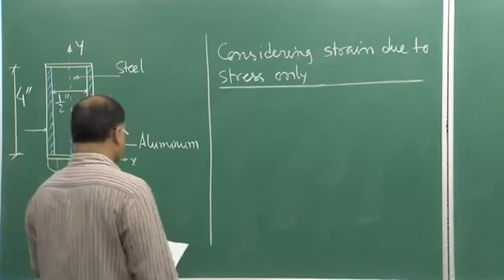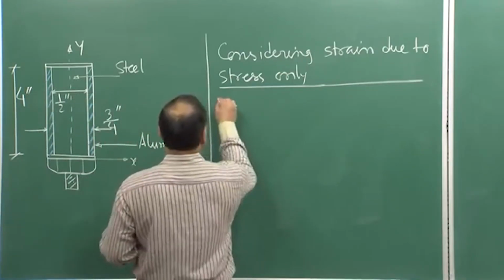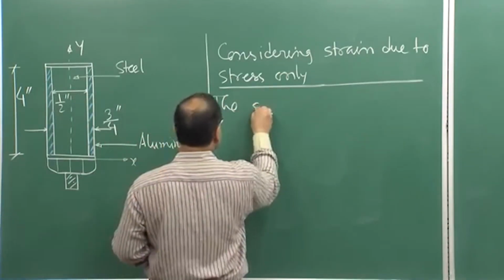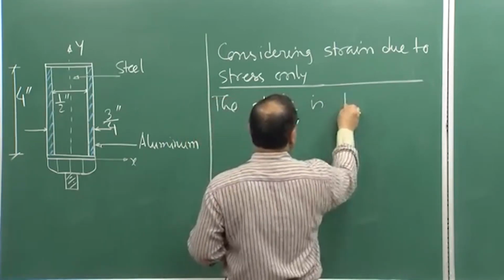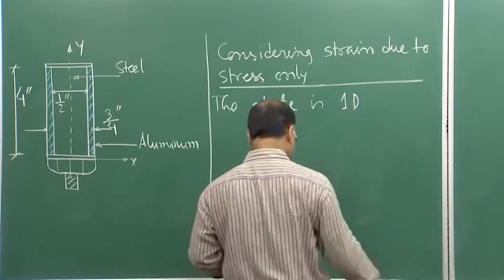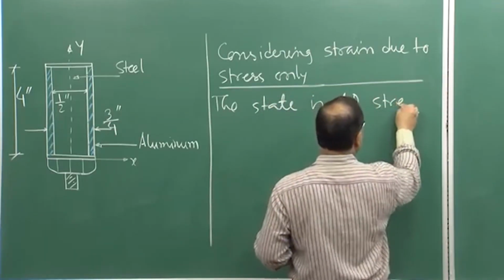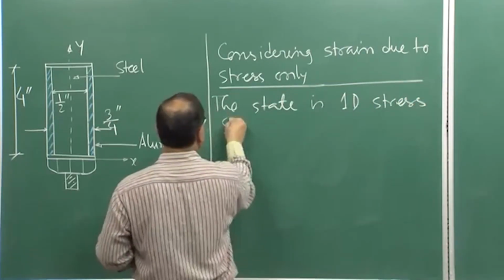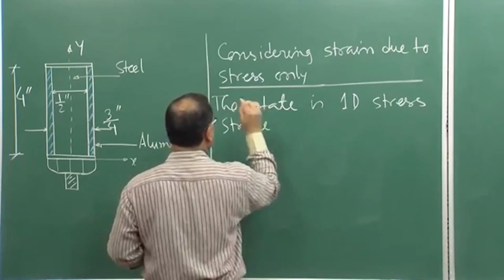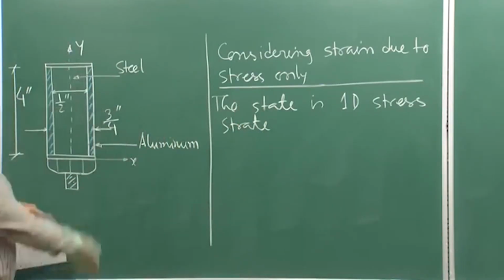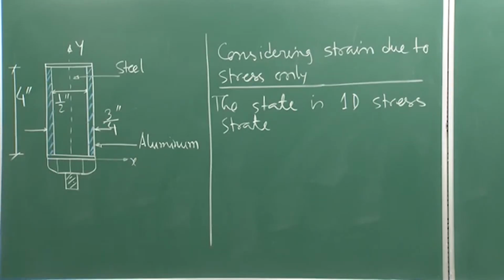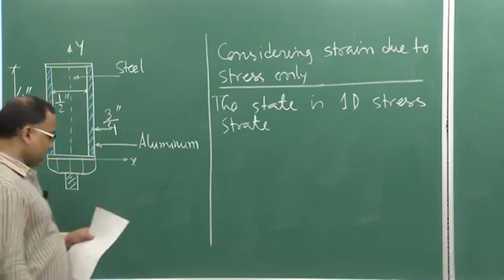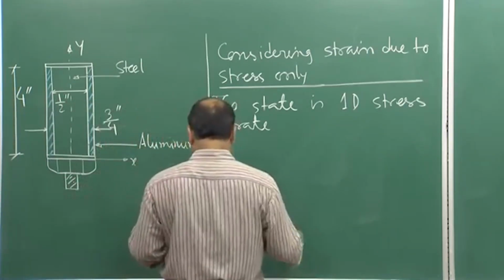So, the state is a one dimensional stress state, that is very clear from the figure. This is unidirectional. In x direction there is nothing left out. So, only in y direction you will be getting the movement or deformation.